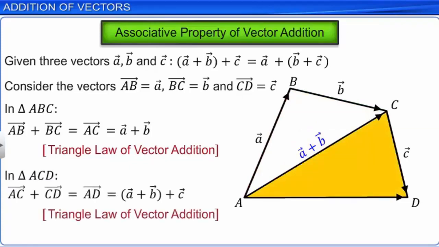The sum of vectors AC and CD is equal to vector AD, or the sum of vectors A and B plus vector C. Now, let us add the vectors in a different way.